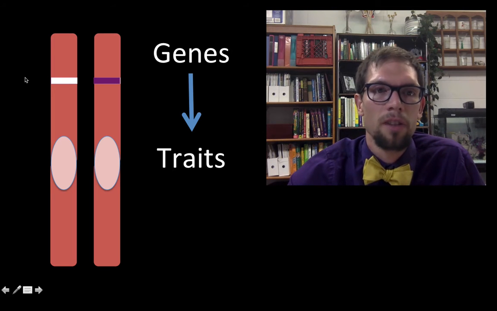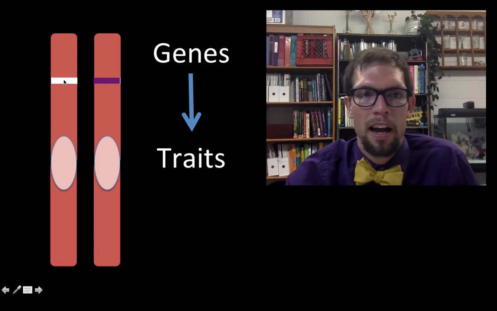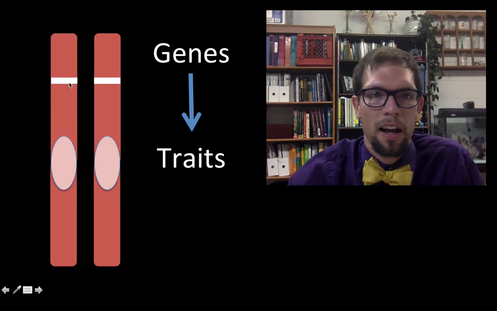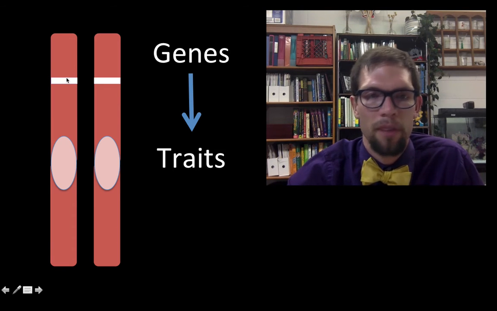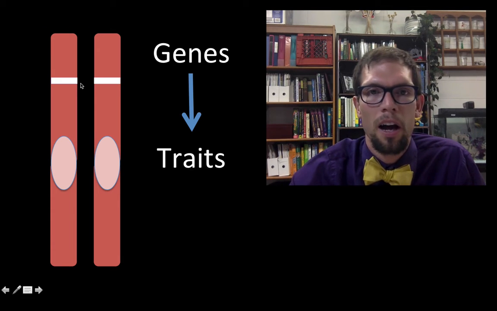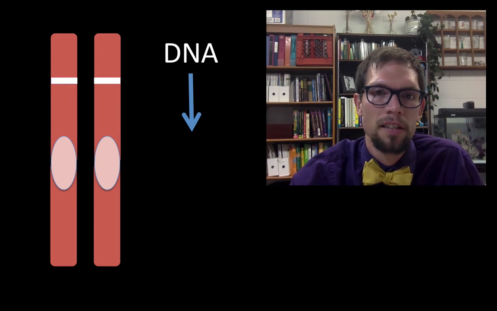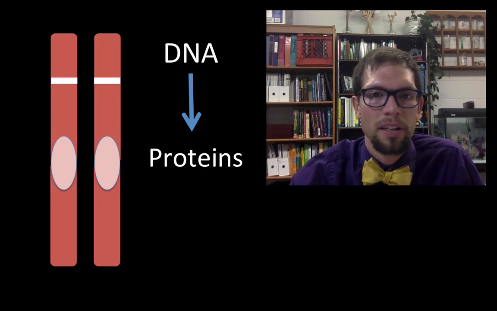Alleles are the variations of the gene that you actually have, and an individual can have two different versions or the same version.